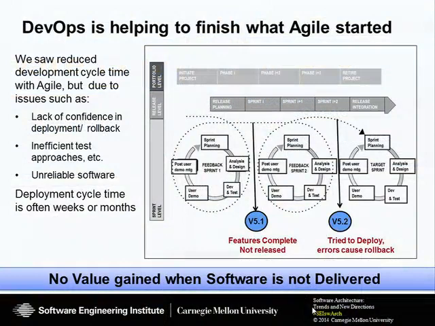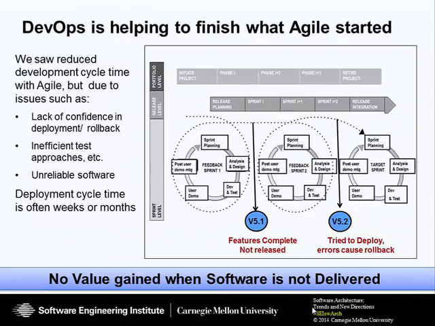Another aspect of DevOps is that it really helps to finish off what Agile started. With Agile, I think we see some real focus and improvement in the development life cycle. We saw some rapid development coming out of that through the use of Scrum and XP practices and things like that.